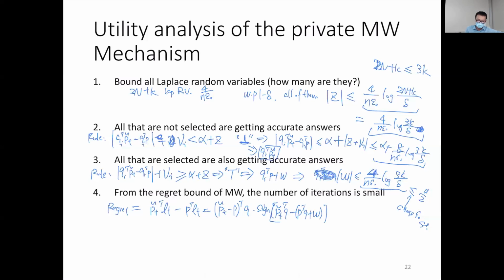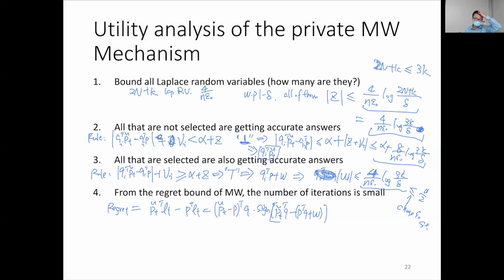and we know that this W is somewhat small. But now what we're going to show is that this sign is the same as the sign if the noise were not there. When would that happen? That happens when the p tilde transpose Q and p transpose Q are sufficiently far away from each other. Then if we add a bounded amount of noise to it, this noise is not going to change the sign of their differences.